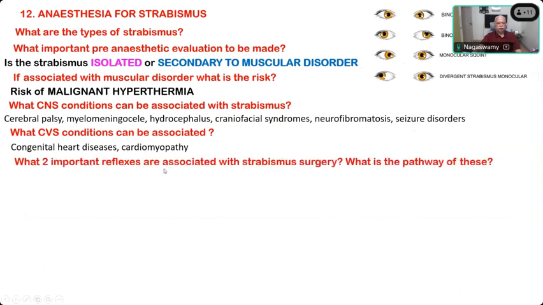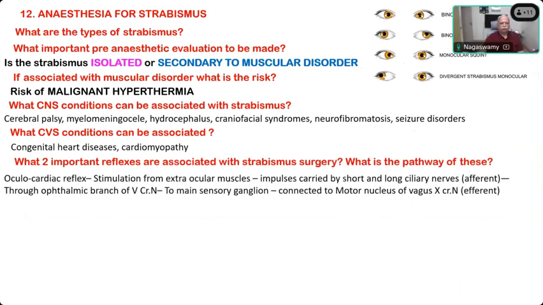What two important reflexes are associated with strabismus surgery? What is the pathway of these reflexes? Oculocardiac and oculoemetic, very good. Oculocardiac reflex: stimulation from extraocular muscle. You must always say the afferent pathway, the center, and the efferent pathway.